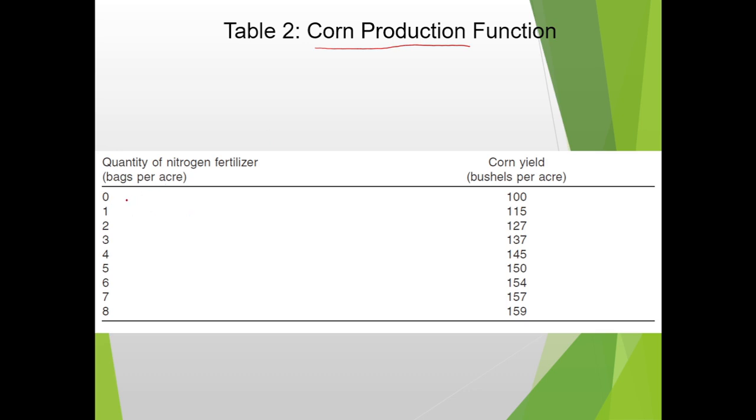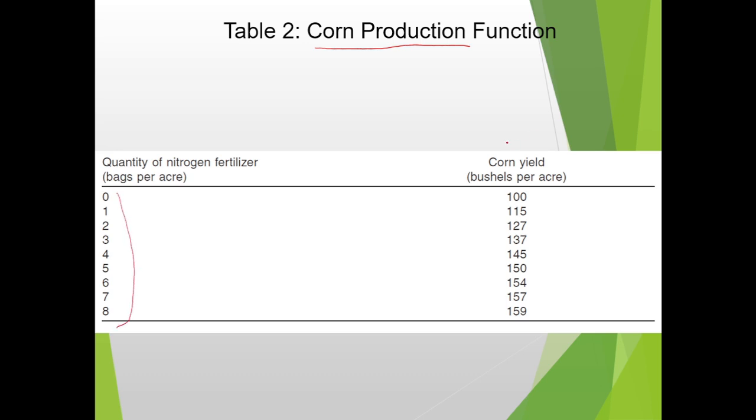So over here, what you can see is the quantity of nitrogen fertilizer, bags per acre. So for 1 acre of land, how much nitrogen fertilizer has been used? That is the data being given over here.